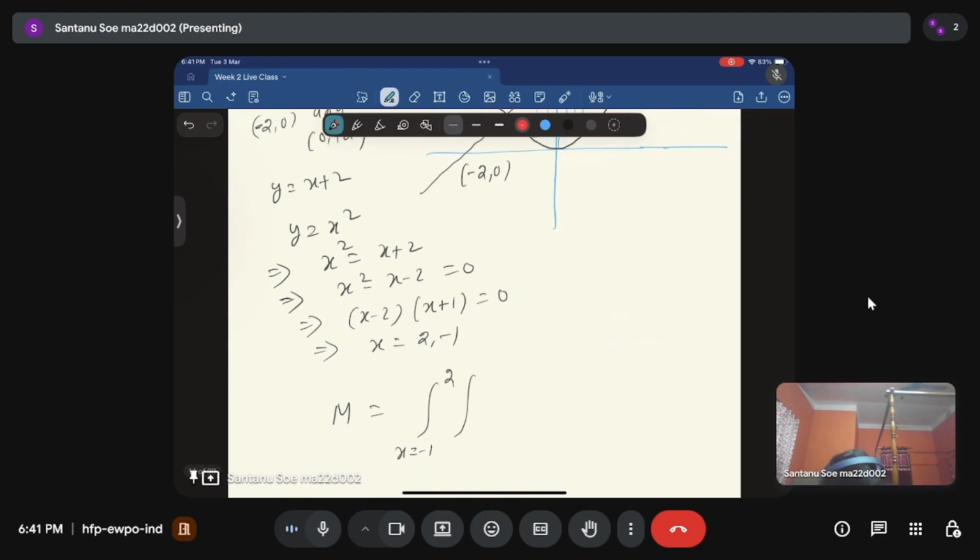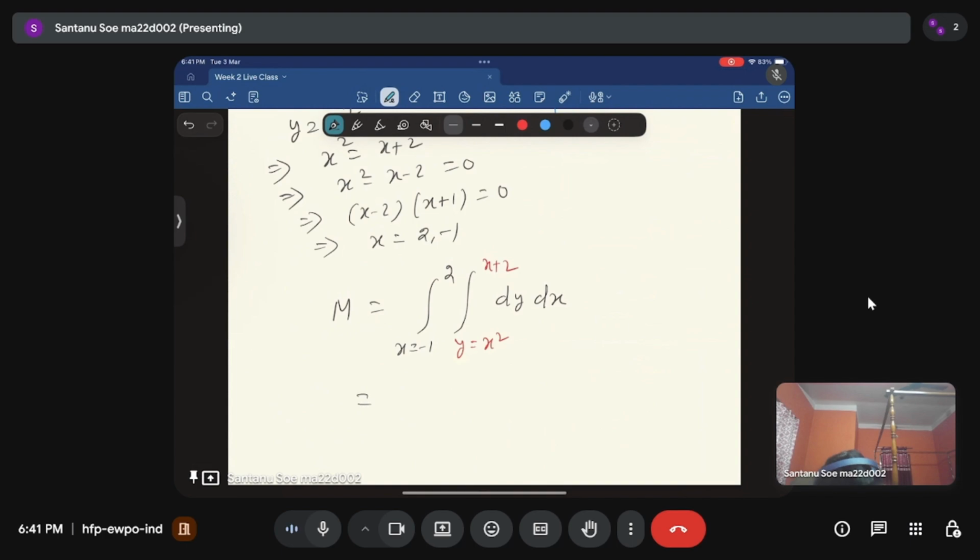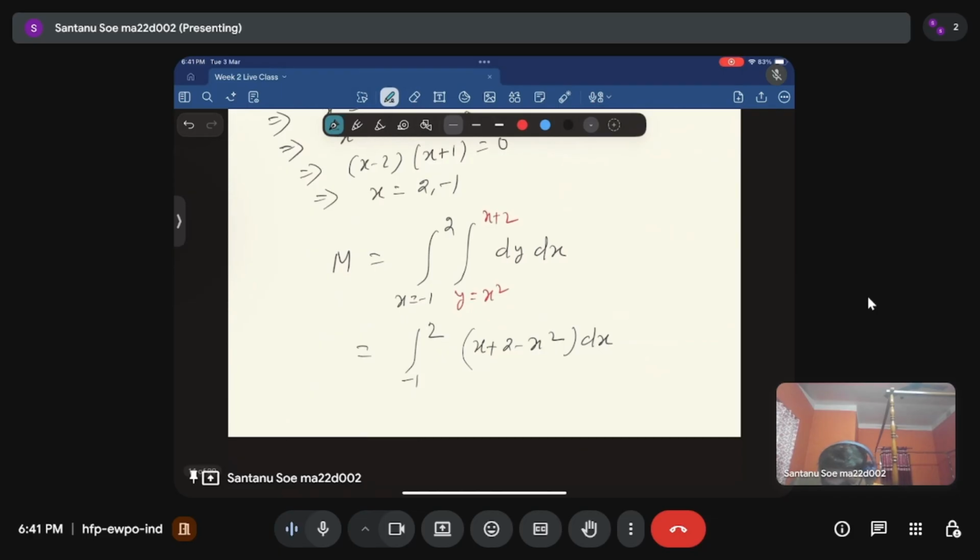So this is just y equals x square to x plus 2, and this is going to be dy dx. So from minus 1 to 2, x plus 2 minus x square dx. Correct.